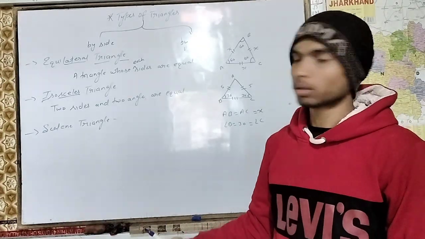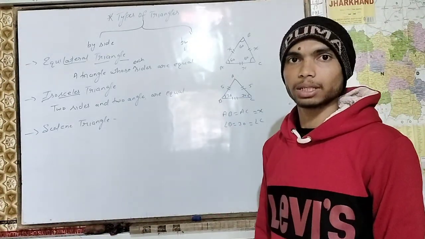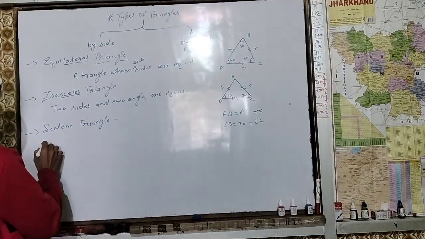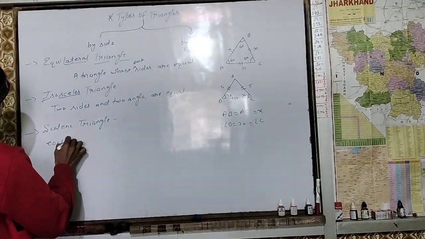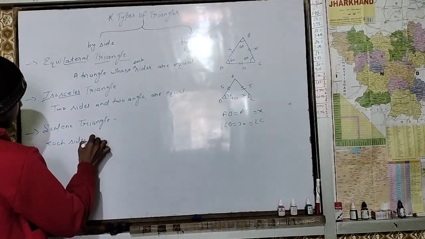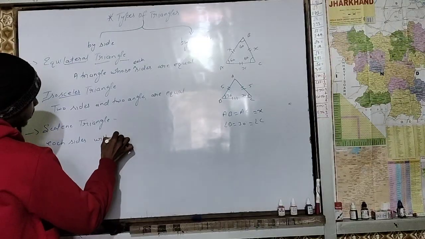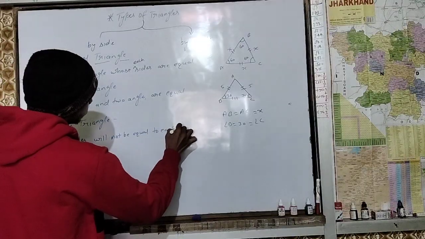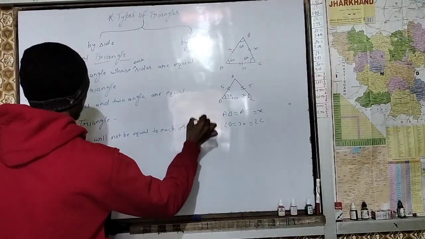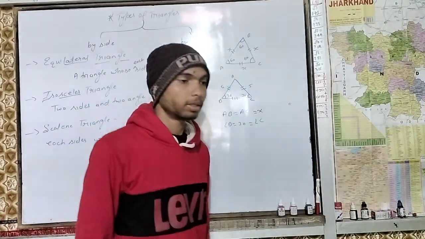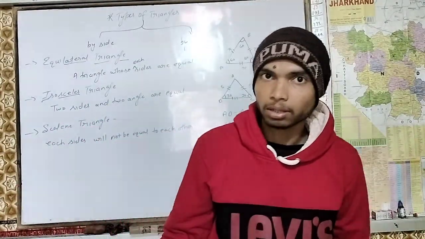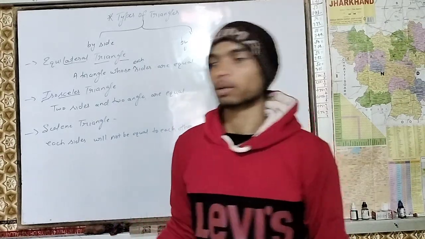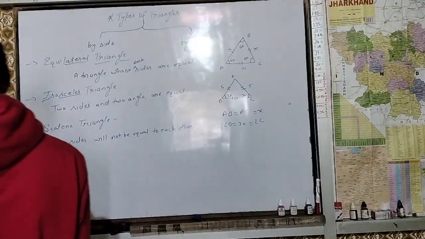That is what is going to happen in this case. Each sides are not going to be equal to each other. If each sides are not equal, it means each interior angles will not be equal.